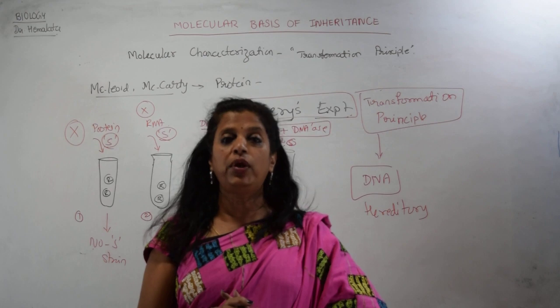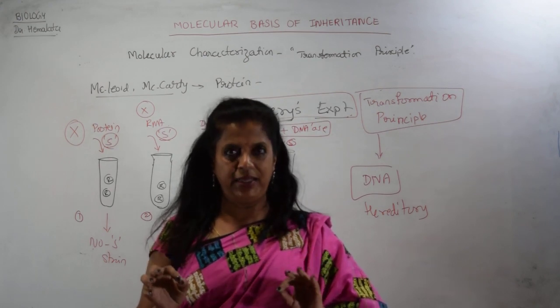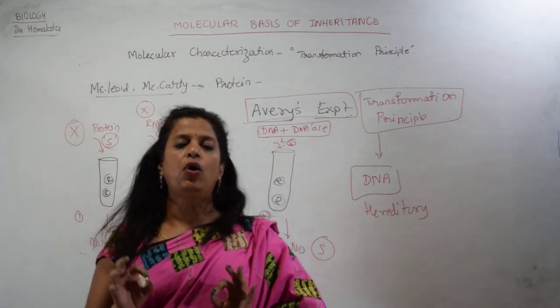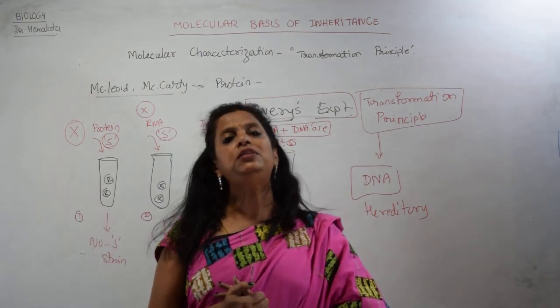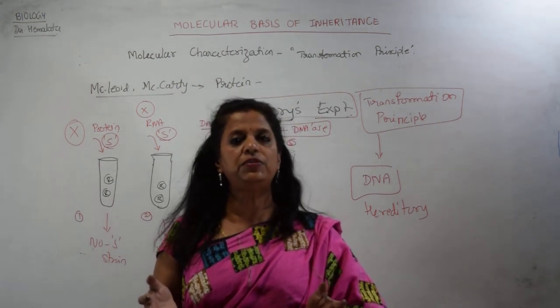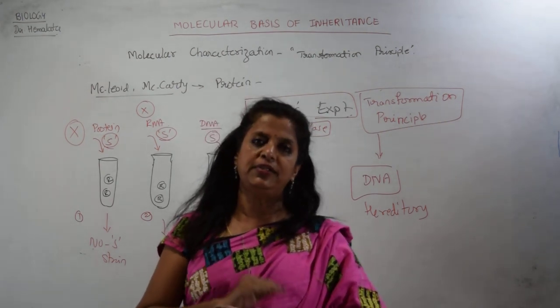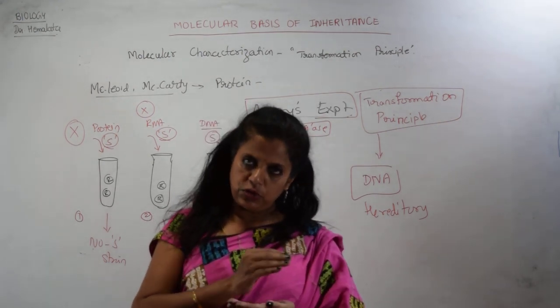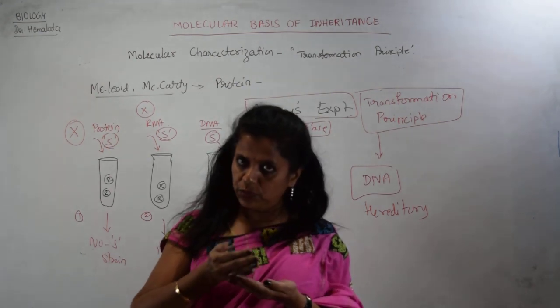Griffith was working with a bacterium named Streptococcus pneumoniae. This bacterium caused pneumonia and has two strains. How do you differentiate strains? Based on the formation of colonies in the culture media. One bacterial colony was smooth, with a smooth surface.